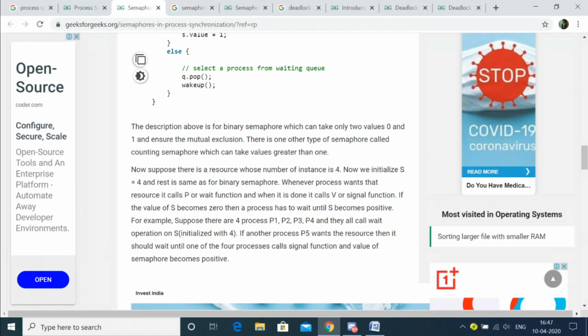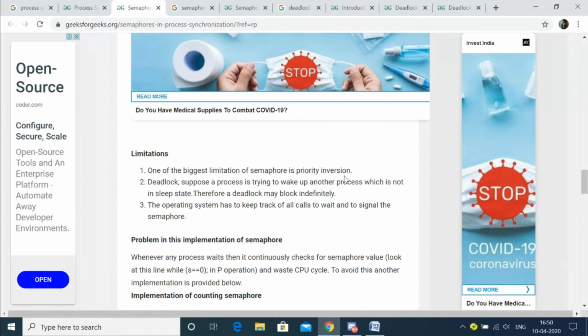For a big program, or if multiple processes are there in a system, maintaining these notifications is a little time consuming and resource consuming for the OS. So these can be certain limitations.